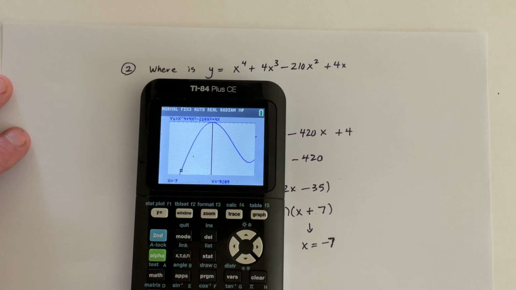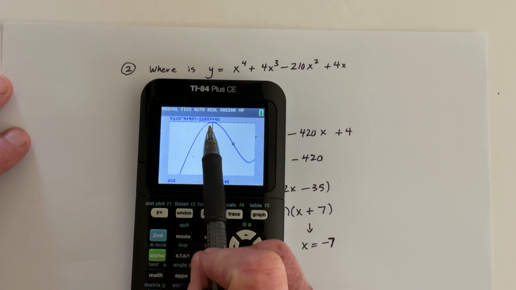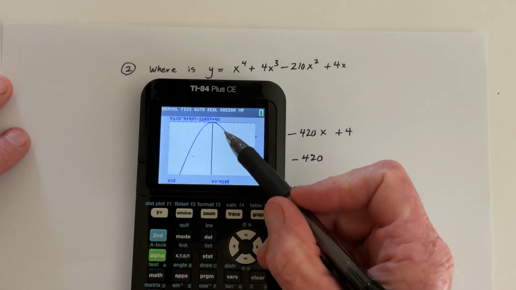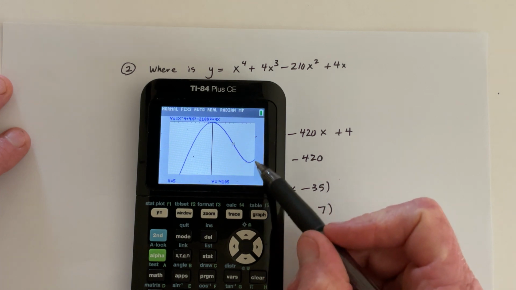And then I also got a 5. Now keep in mind this is not the first derivative, because if we did the first derivative, we would have gotten this as a minimum and this as a maximum, but we're talking about the second derivative. Second derivative is telling us where it's concave up and concave down. So from negative 7 until 5, this is concave down. And then this part would be concave up.